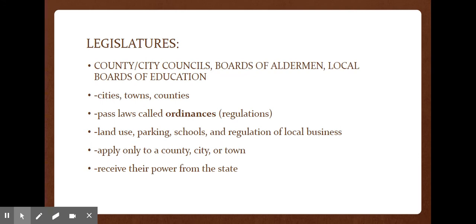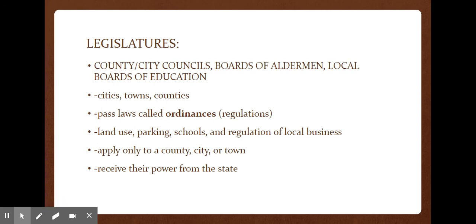Okay, so that's what we talk about when we say these ordinances, these regulations only apply within the boundaries of the county, city, or town. Another good example are those business regulations, those building regulations. If you go to Roanoke, you might see a totally different set of regulations than you do in Salem, okay, when it comes to building a new business.